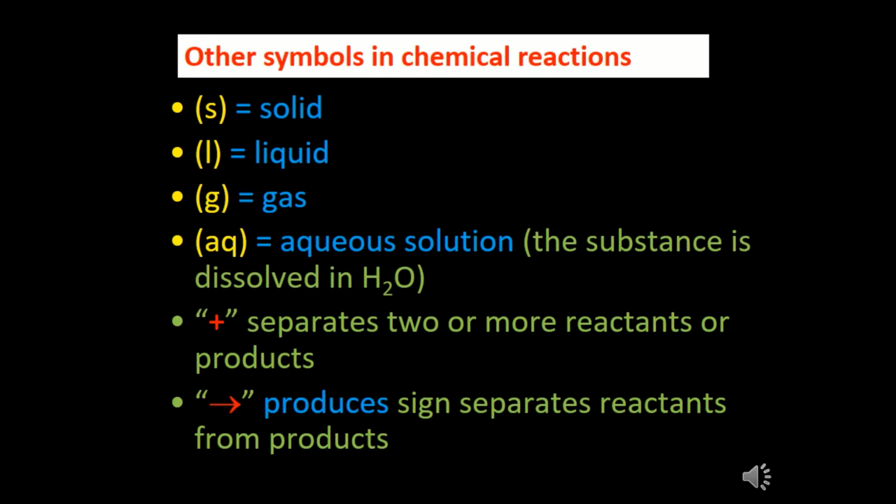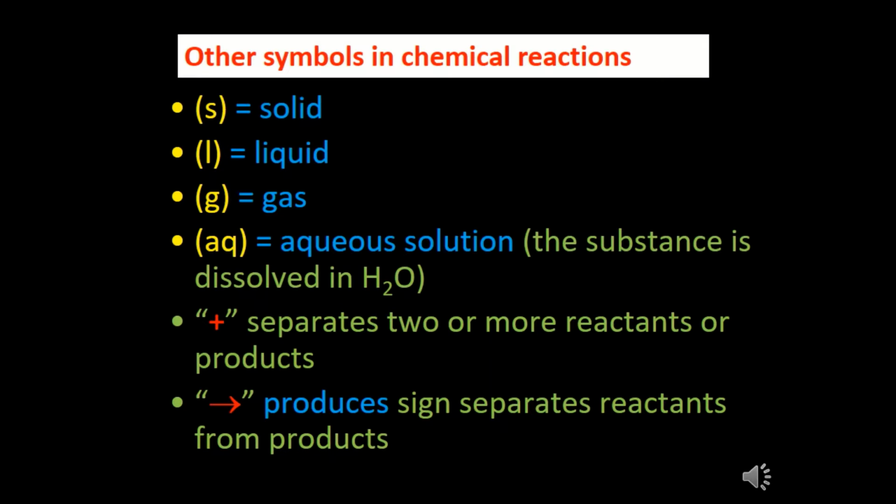And then if something is liquid, like water is liquid, we will write (l). g is for gas. (aq) is very common in our reactions. Usually, most of the reactions we do in our lab, we write (aq). aq means aqueous. What do we mean by aqueous? Aqueous means anything you dissolved inside the water.